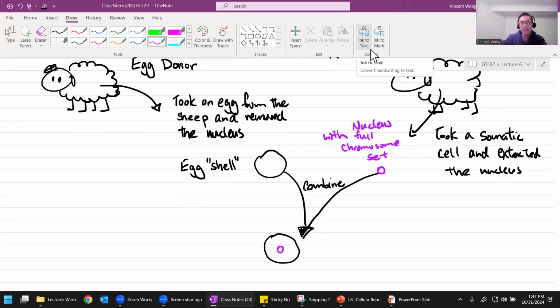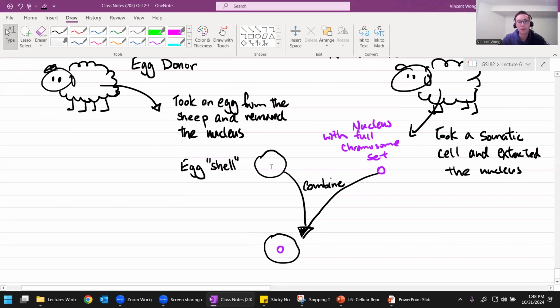However, in this case, because the nucleus already has the full set, when you put it into the empty egg, it's as if it got fertilized. But no male was involved in this process. Cheyenne has a question. Yes, because the nucleus was removed, the egg had no chromosomes at all, and you are supplying the full set from the nuclear donor.